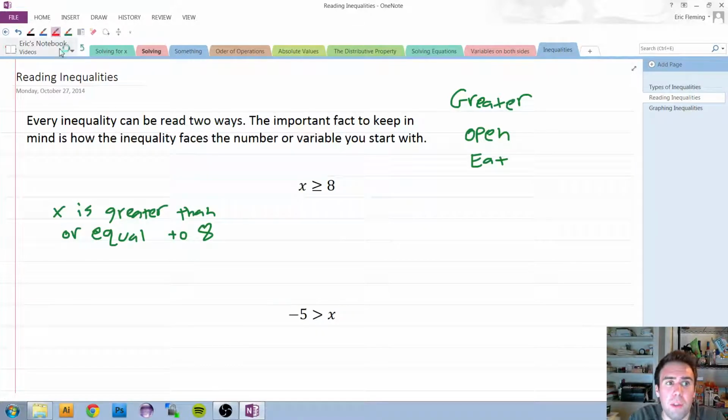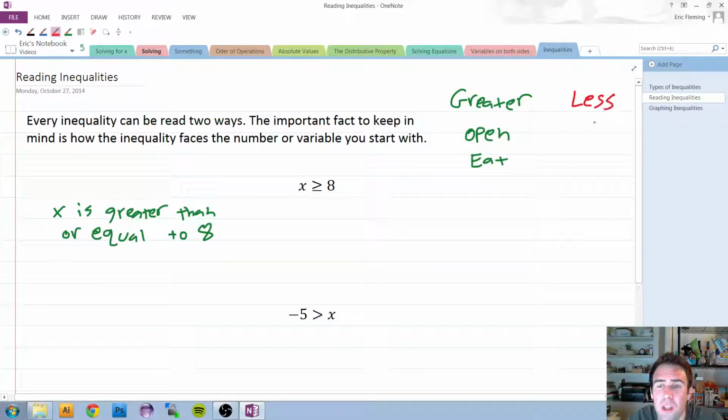Now on the flip side, what if I chose to focus on my 8 first? Well, then my inequality is pointing the other way, and I like to call that pointy side of the inequality the back. And that's what's telling us if we have the less than inequality. If it's showing us its back, it's sort of shunning us, and it's saying, I don't really like you, you're not as important as me, you're less than.